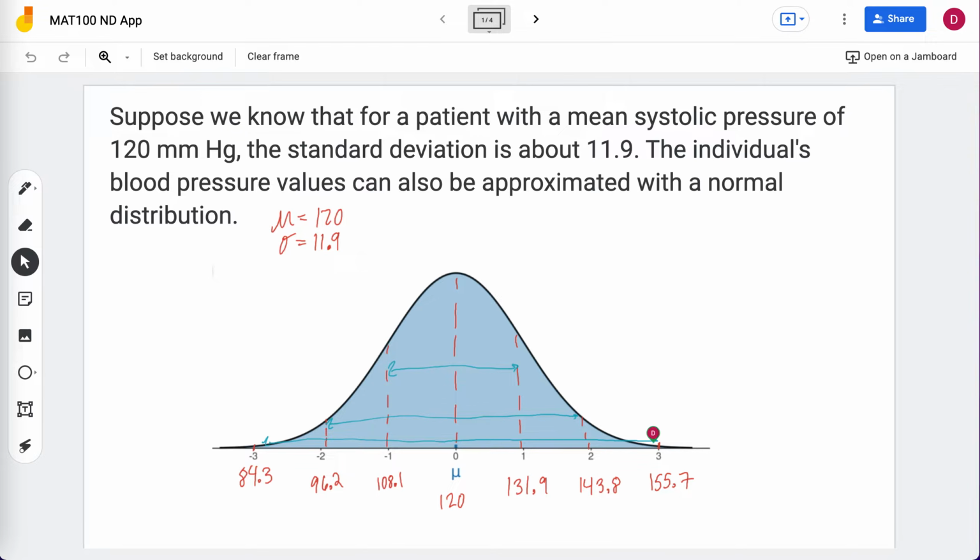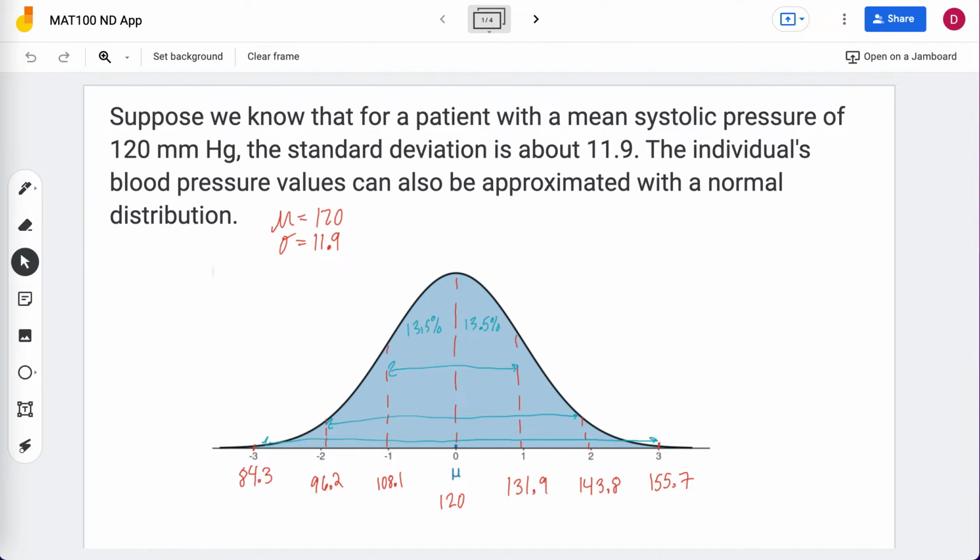So 13.5% is between the mean and negative 1 standard deviation, and 13.5% is between the mean and 1 standard deviation above. And if I asked what percent lies between 108.1 and 131.9, we know that's about 68% because it lines up perfectly with these standard deviations.